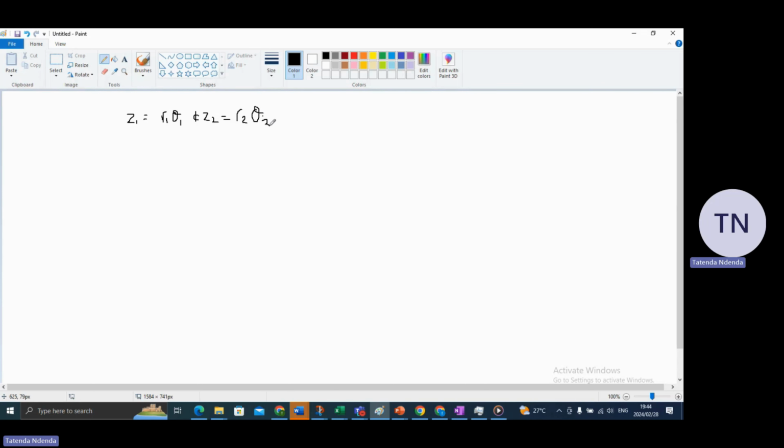To get Z1 multiplying Z2, we're going to have R1 multiplying R2, then theta 1 plus theta 2.